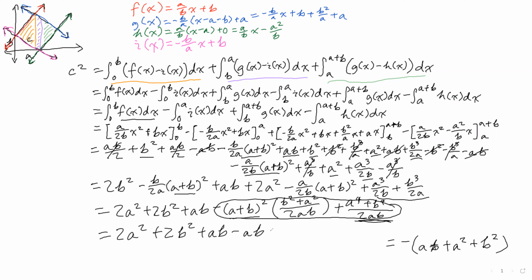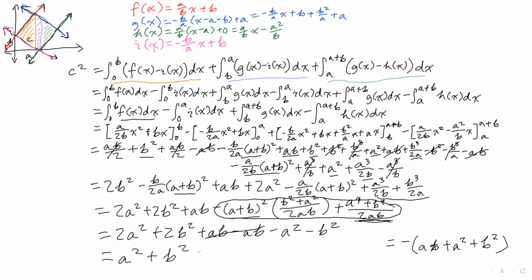Distributing the negative, we get minus a squared and minus b squared. The ab's cancel out, and then that's just 2a squared plus 2b squared minus a squared minus b squared. And oh, that is tricky. It's just a squared plus b squared.